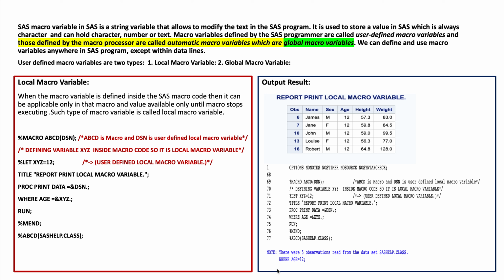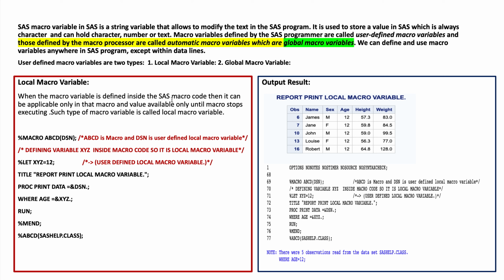User-defined macro variables are of two types. The first one is local macro variables, and the second one is global macro variables. Let me explain local macro variables first. When a macro variable is defined inside the macro, that means inside the SAS macro code, it is applicable only in that macro and its value is available only until the macro stops executing.